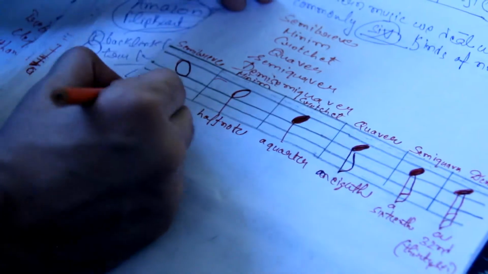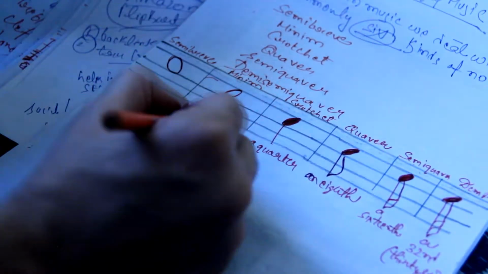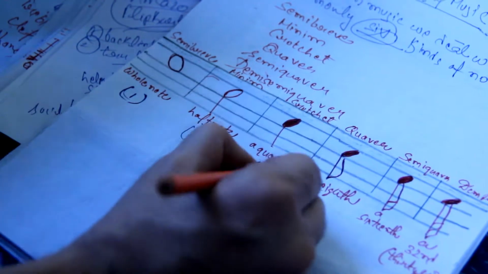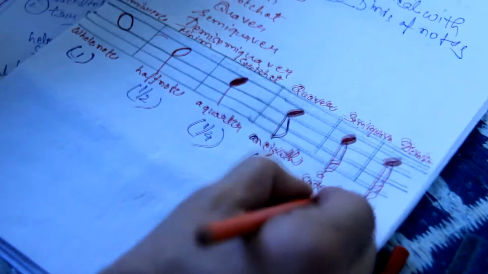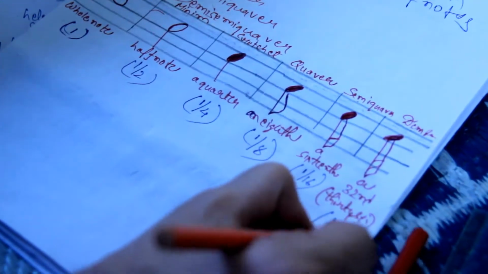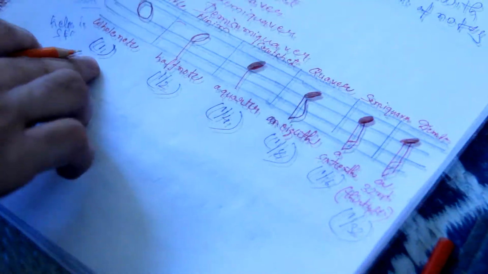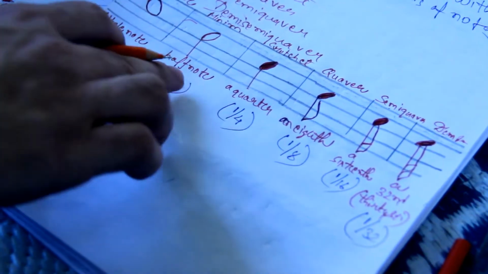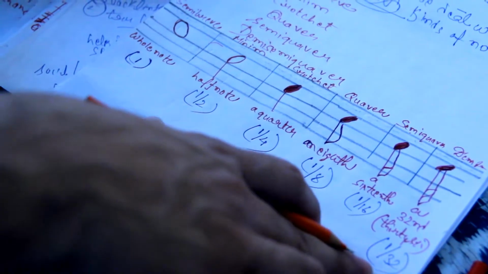If I take the whole note as 1, then the minim is 1/2, the crotchet is 1/4, the quaver is 1/8, the semiquaver is 1/16, and lastly 1/32. So if this is 1, this is half, and half of this half is 1/4. Similarly, 1/8, 1/16, and 1/32.